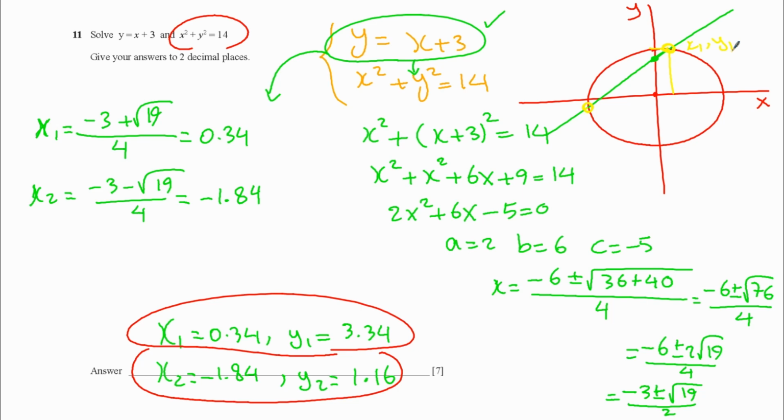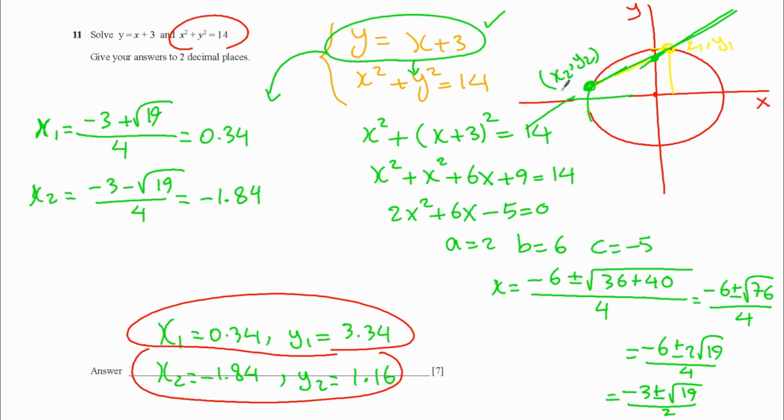So my green line should have been somewhere around here. So this is the second point that we have that intersection, and we have minus 1.84 and 1.16. Okay, so it's good to review the question, and now we go to the next one.